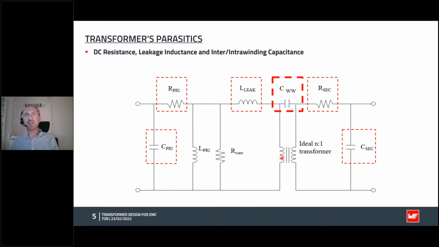So you can imagine in any transformer we have a layer of primary, and then we have a layer of secondary on top or underneath, and these act like parallel plate capacitors, and then that gives a parasitic capacitance, which allows current then to flow from the primary to the secondary. And that current then has to find a way back to Earth, and then that can show up as peaks in the conducted emissions. So this is the one to watch for, and we'll look at this in a little bit more detail later on.